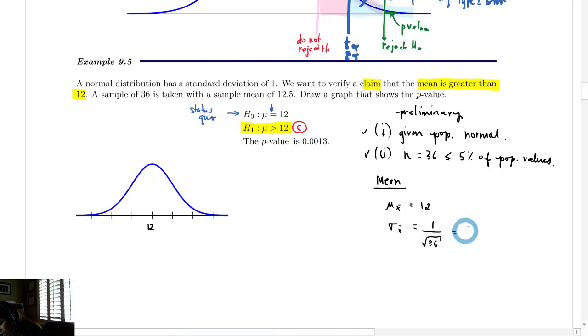So this is just 1/6. So if the mean here is 12, then this is going to be 12 and 1/6, so 12.17.